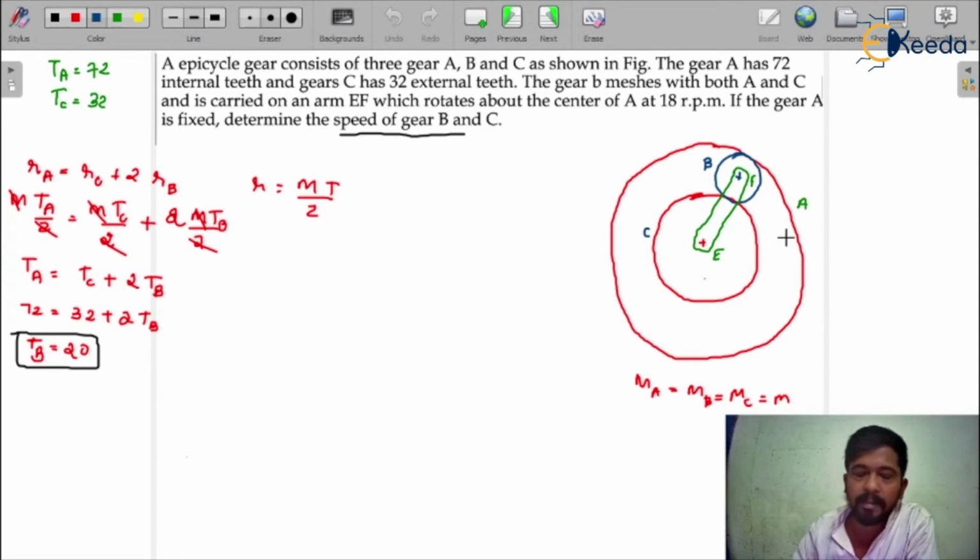If B rotates anti-clockwise, A also rotates anti-clockwise. If B rotates clockwise, A also rotates clockwise, because A has internal teeth which are connected to the external teeth of gear B.